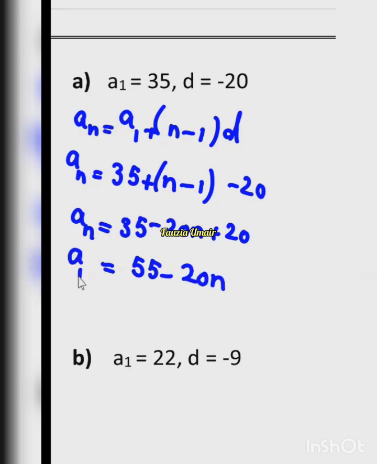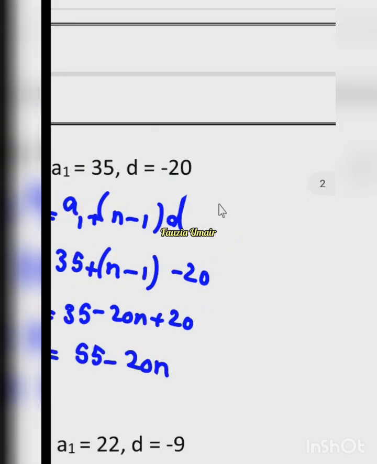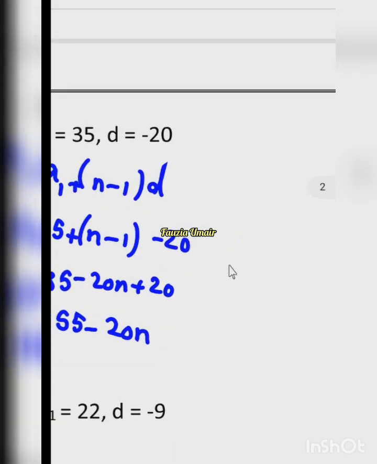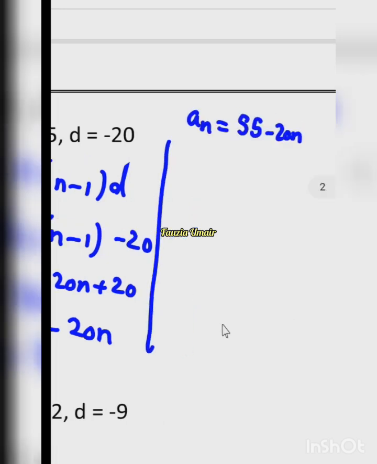So now I need to calculate the first 3 terms also. I will do that using the formula. I know that the formula is An is equal to 55 minus 20N. So how can I find the first 3 terms?